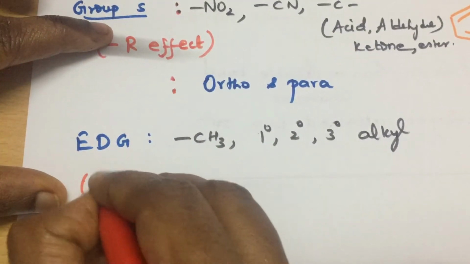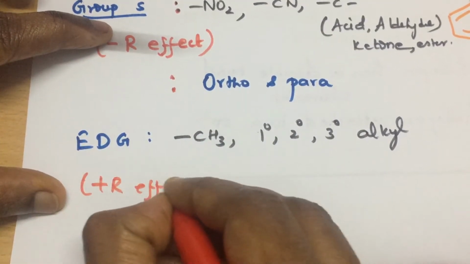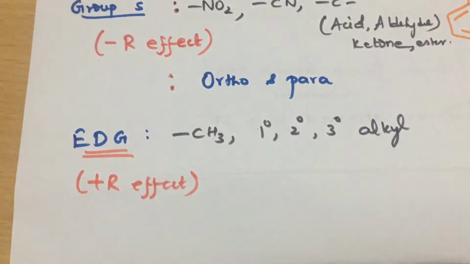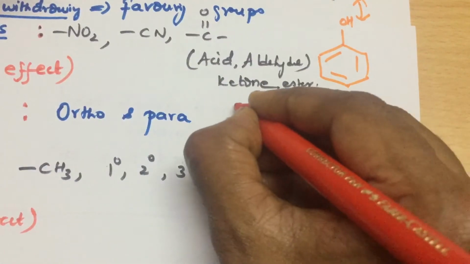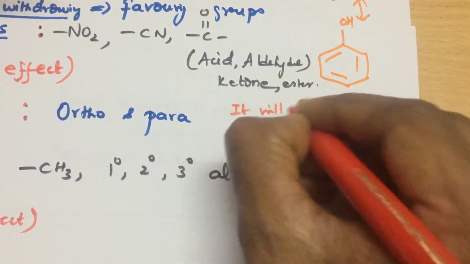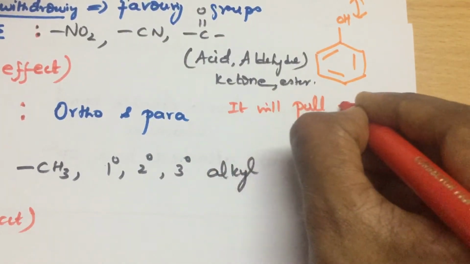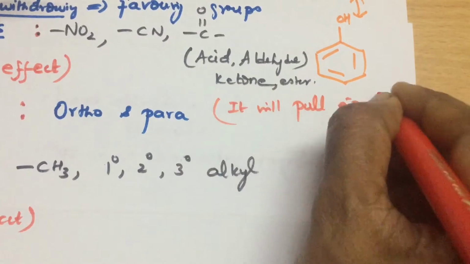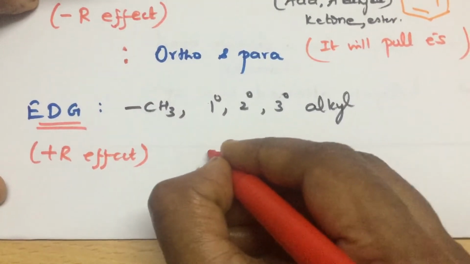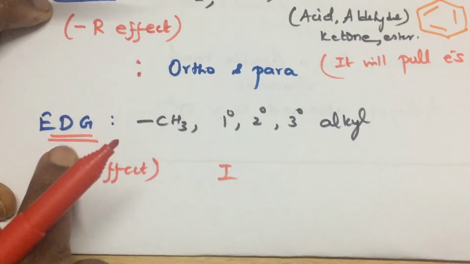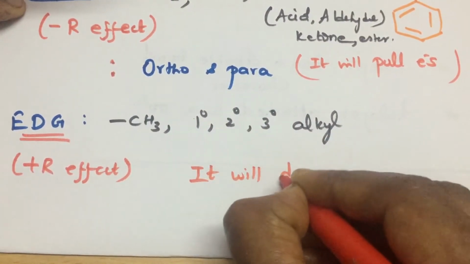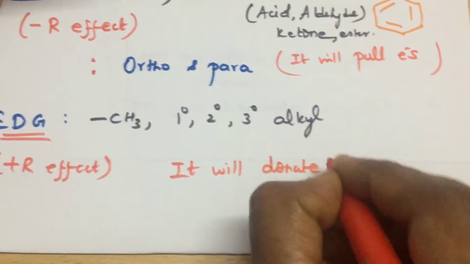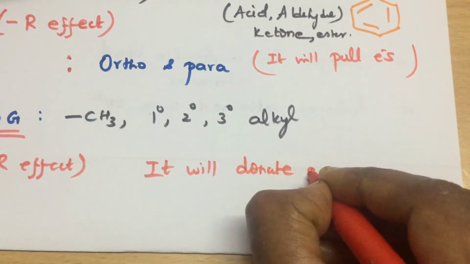So in an aromatic ring we call it plus R effect. It will donate electrons. From the name itself, it will donate electrons, or it will push electrons. So in this case, donate electrons.